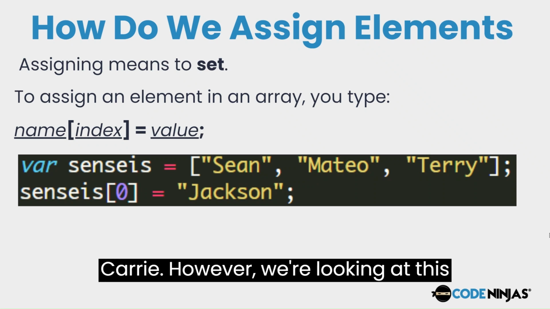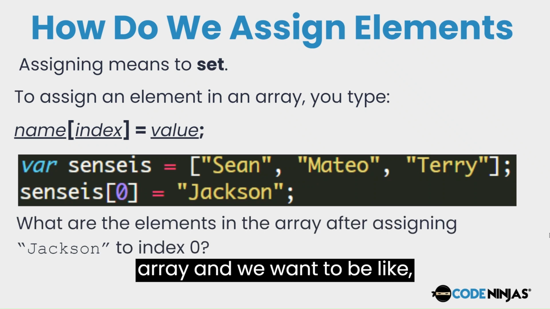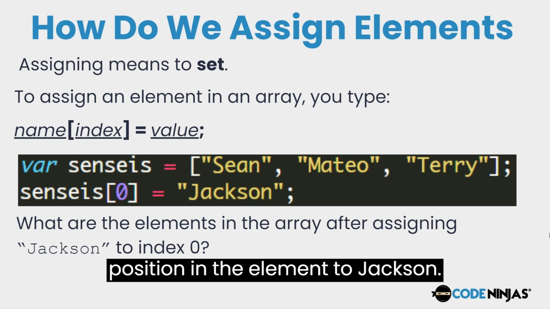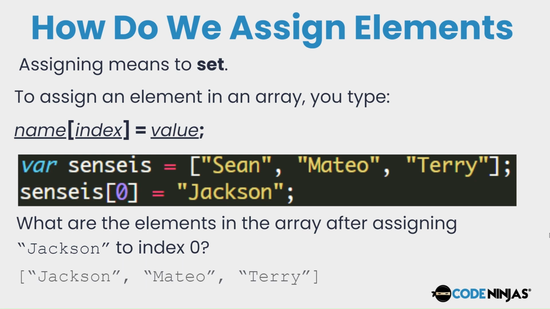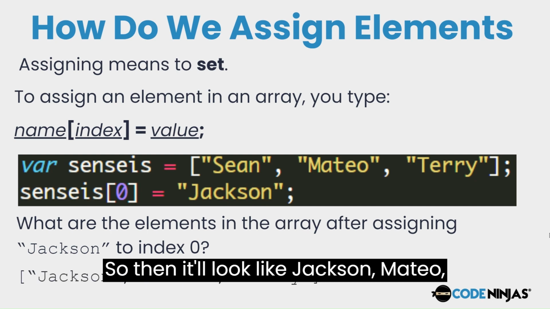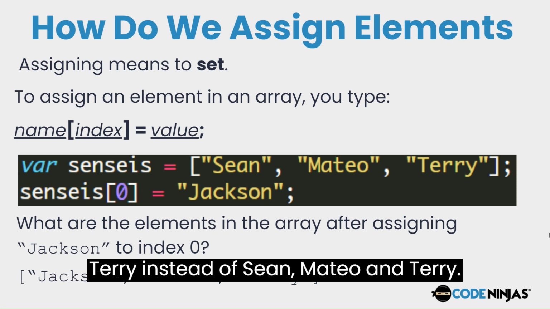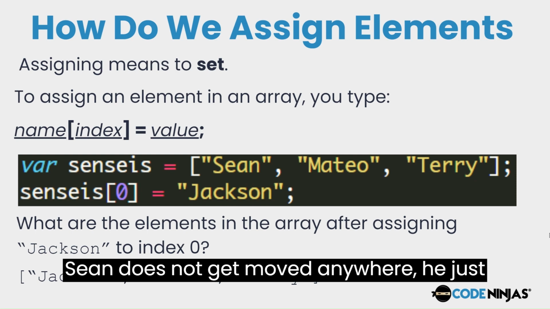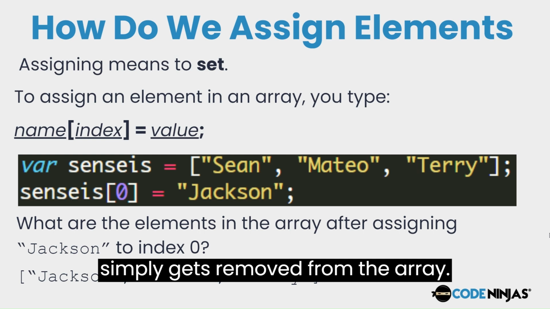Sean, Mateo, and Terry. However, we want to replace Sean with Jackson. So we are going to assign the 0 position in the array to Jackson. So then it'll look like Jackson, Mateo, Terry instead of Sean, Mateo, and Terry. Sean does not get moved anywhere, he just simply gets removed from the array.